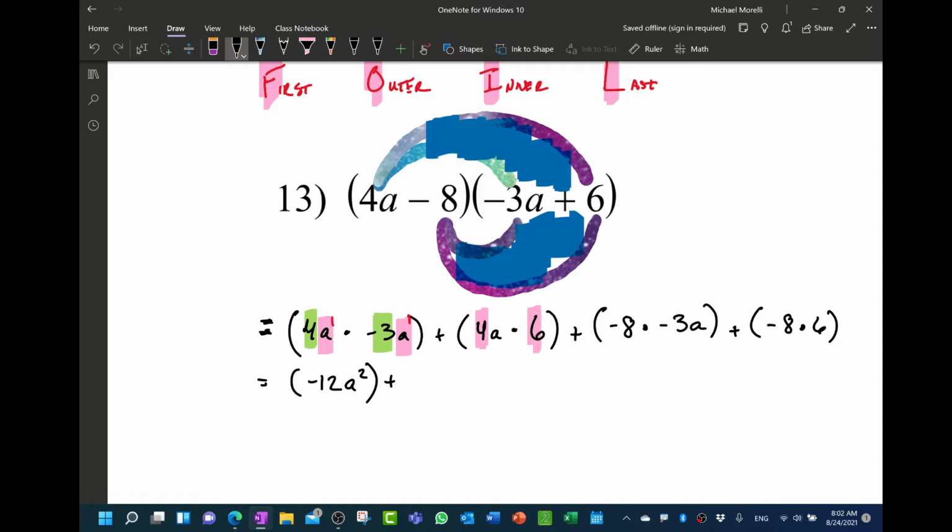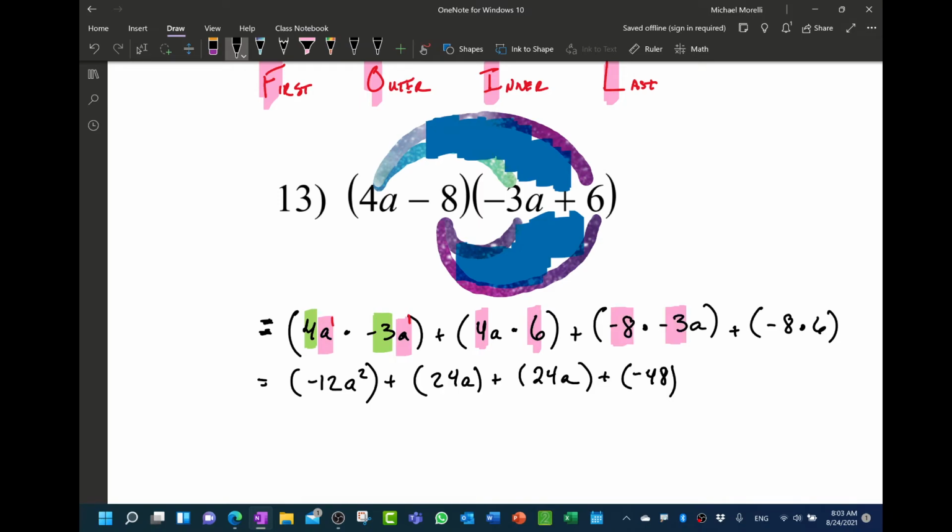You've got two negatives. A negative times a negative is a positive. So negative 8 times negative 3 is positive 24. So we're going to write 24. And there's just this a off by himself, so we just tack it on. Plus negative 8 times 6. Well, 8 times 6 is 48. Negative 8 times 6 is negative 48. So in parentheses, we're going to put negative 48.